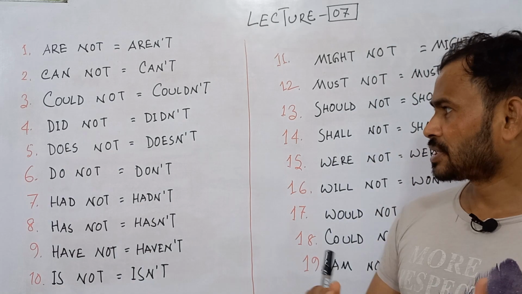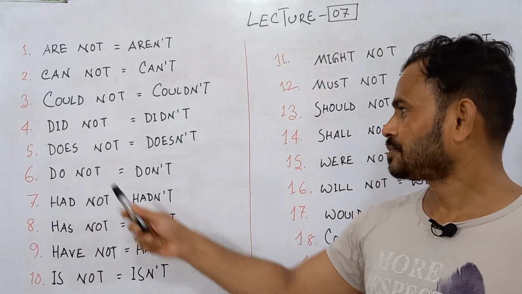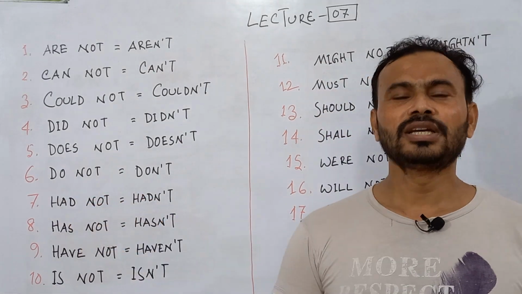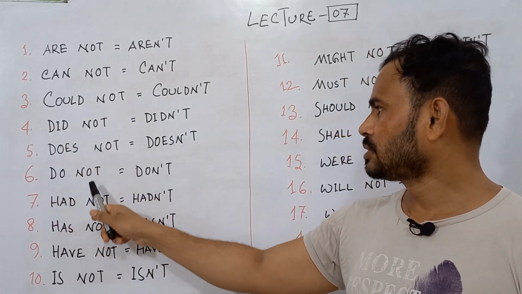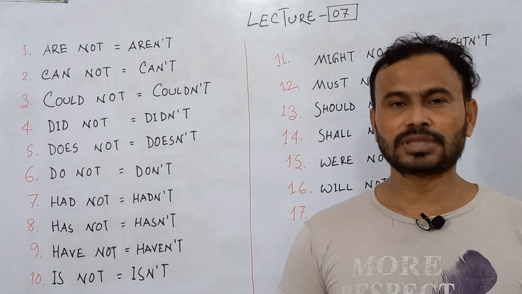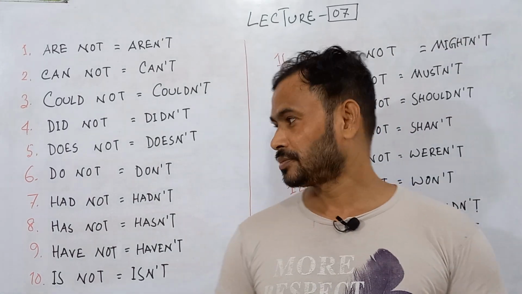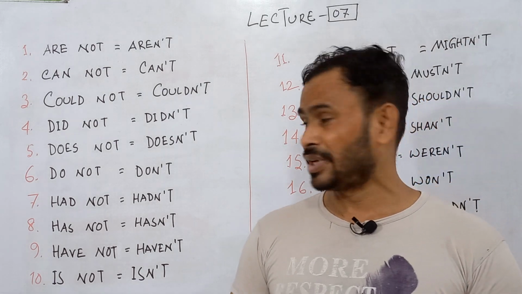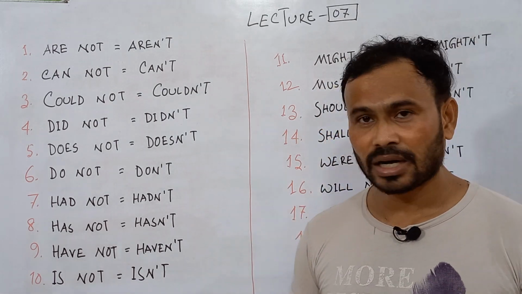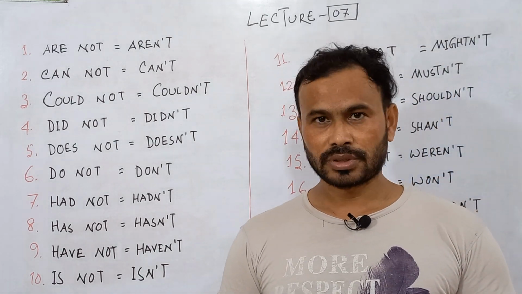Okay, so friends, my next phrase is do not, and the contracted form of do not is don't. If we say one sentence, it is, I do not do the work.